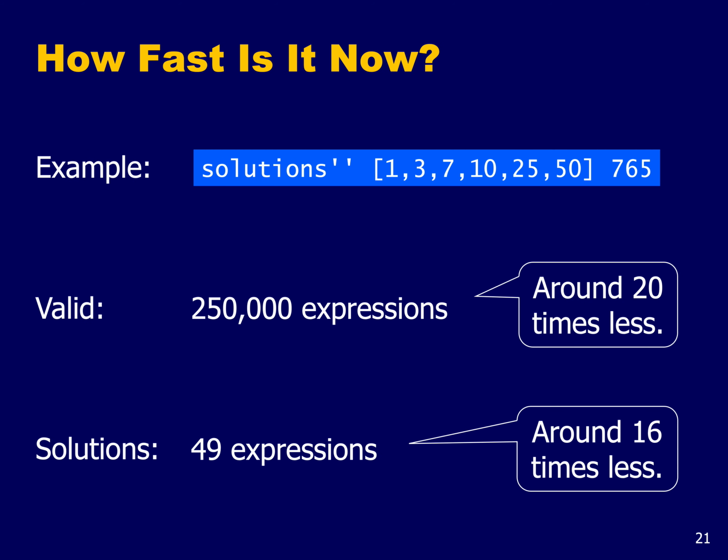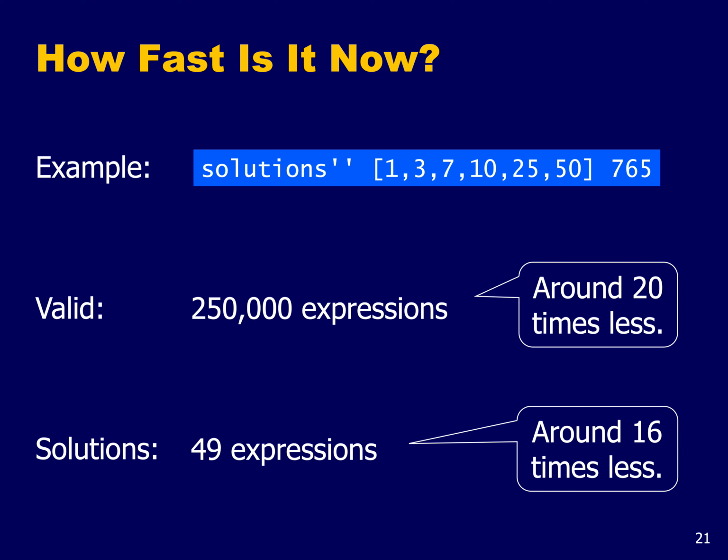So finally, we can wrap things up now by thinking how fast is our solution finder if we use this new version of the valid function, which takes into account these simple properties. I'm going to call the function which finds solutions now, solutions double prime, and we're going to run it on the same example as we had before. And this time around, in terms of reducing the size of the search and solution space, we get a significant reduction.